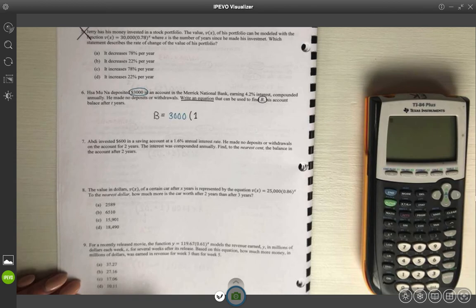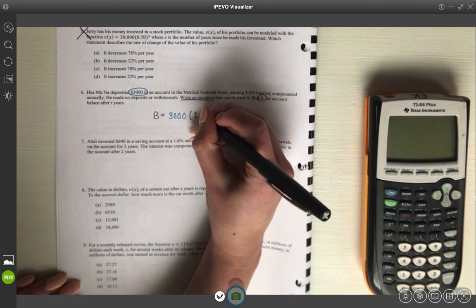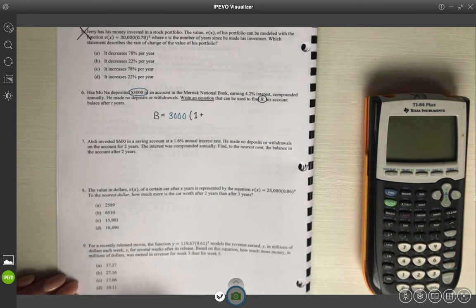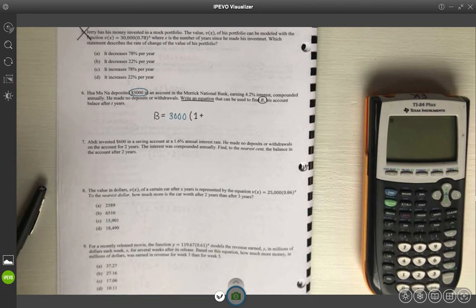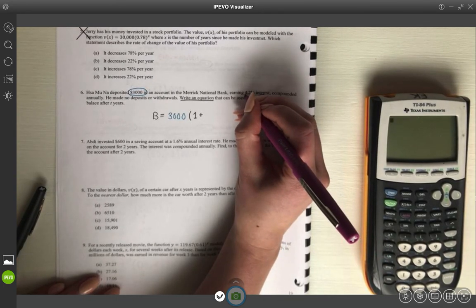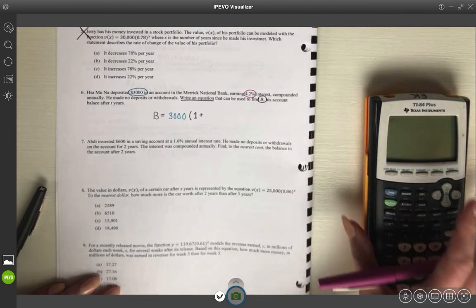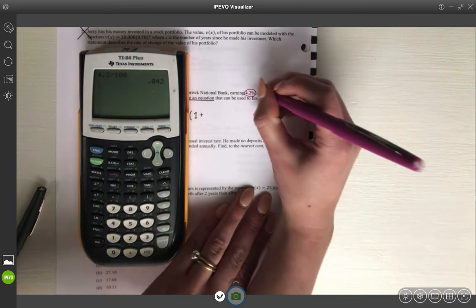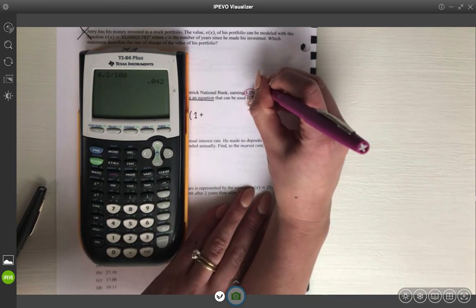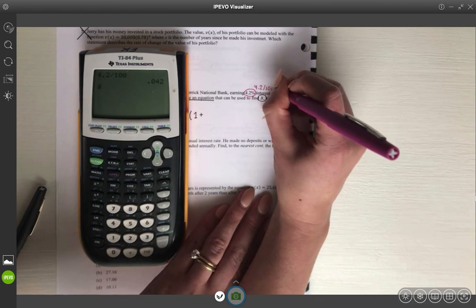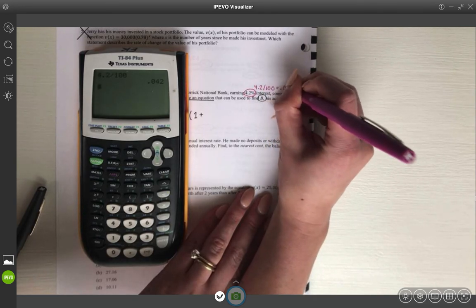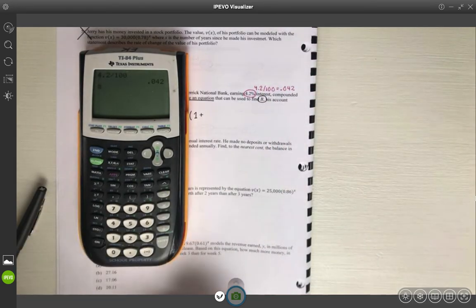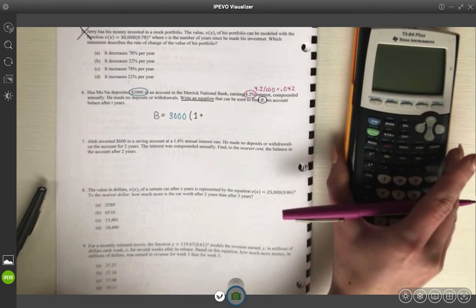We're talking about a savings account that is growing over time, so we're going to use a plus sign. Next, we need to take 4.2% and change that into a decimal. So 4.2 divided by 100 is 0.042. So that's what comes next in our equation.